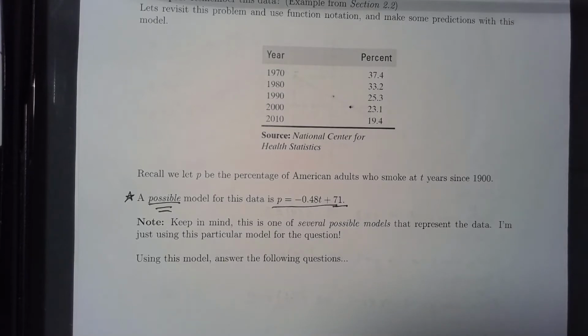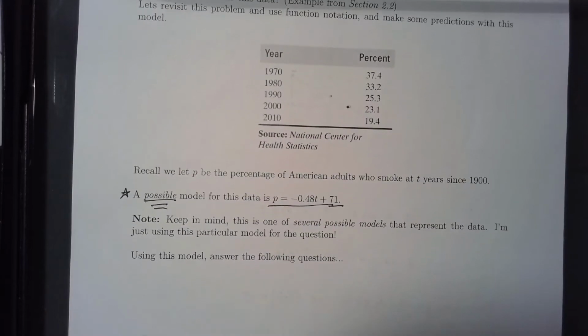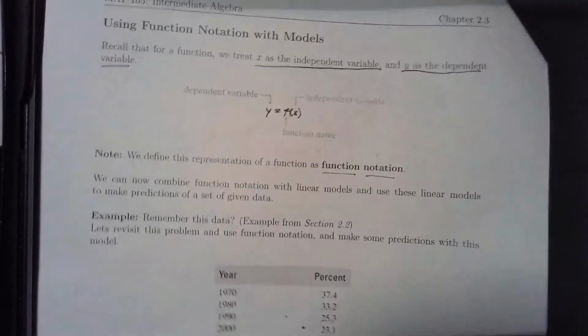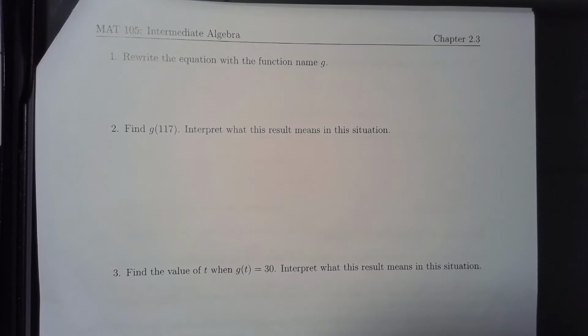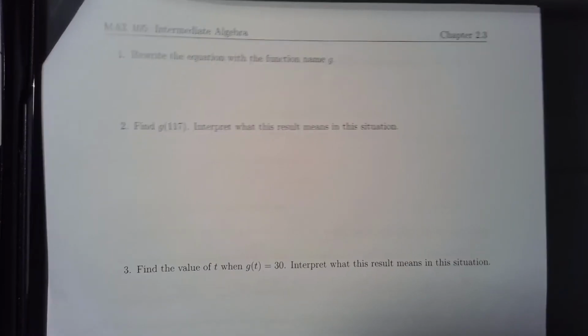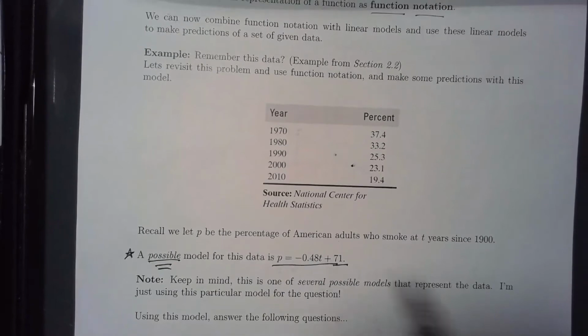Now, using that model for this data, we're going to answer the following questions on the next page. Rewrite that equation with the function name g. So I want to rewrite this model with the function name g.